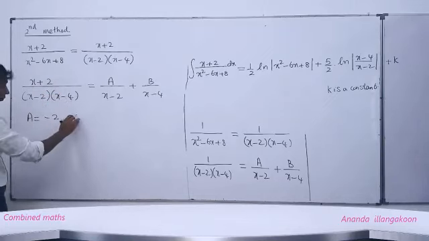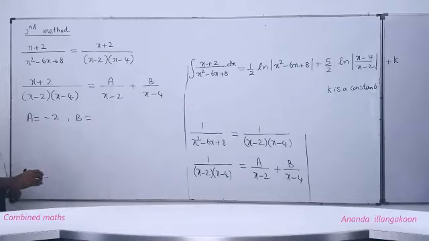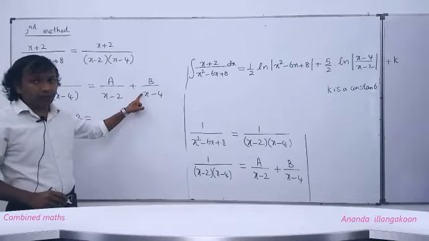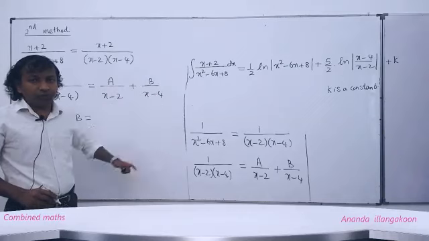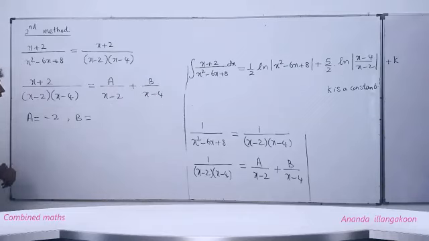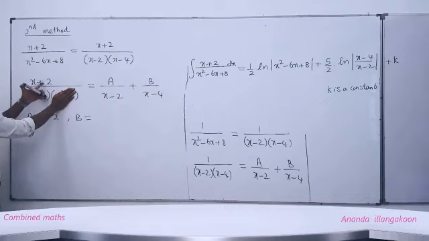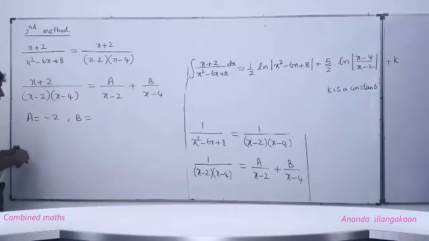Find B. Come to the denominator, equate this to 0, x equals 4. Close that x minus 4 here, put 4 here: 4 plus 2 is 6, 4 minus 2 is 2, 6 divided by 2 is 3. Right?